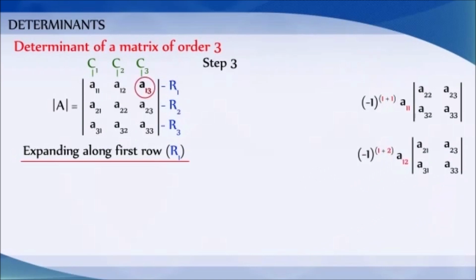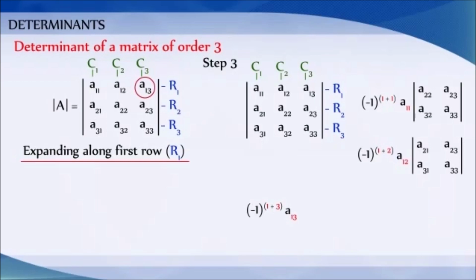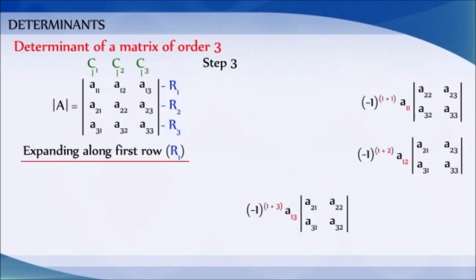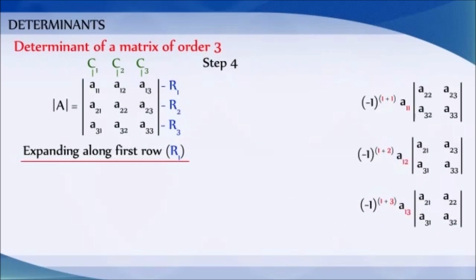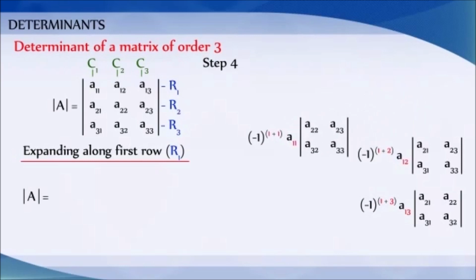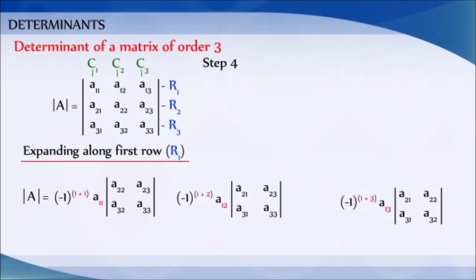Multiply the third element a13 of R1 by minus 1 whole power 1 plus 3 and the second order determinant obtained by deleting the elements of the first row and third column of determinant A. Step 4. Now, the expansion of determinant A, that is det A, is written as the sum of all 3 terms obtained in steps 1, 2 and 3.